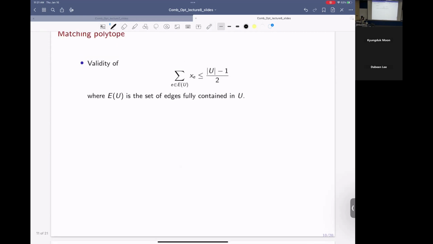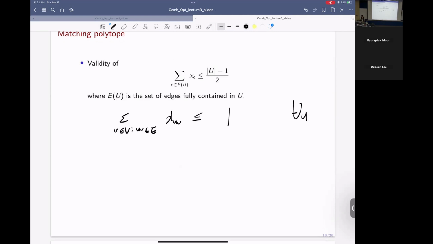So we know that for each vertex u, let's write down the degree constraint: the sum of x_uv is at most 1. Okay, so this holds for all u. This was the degree constraint.